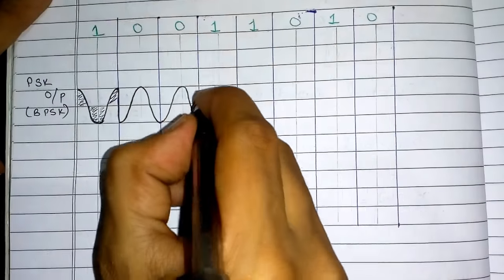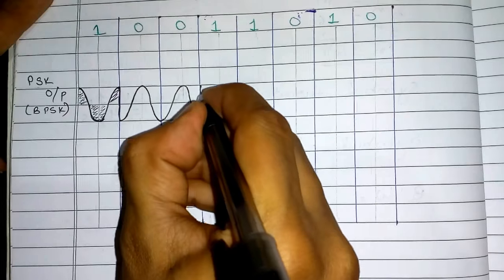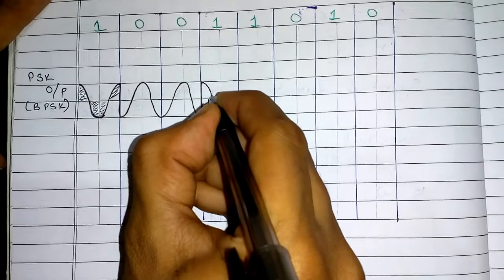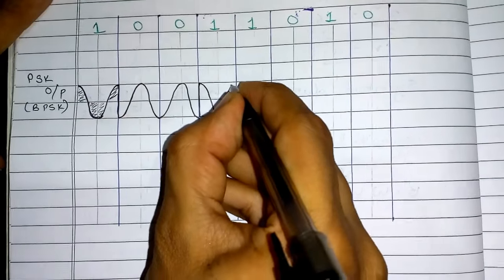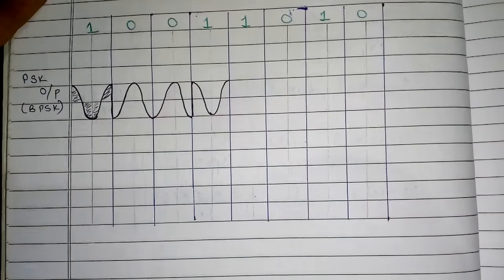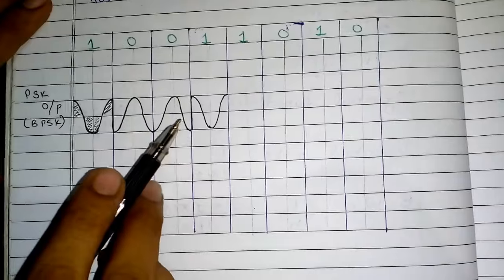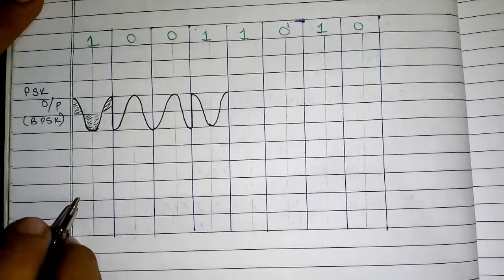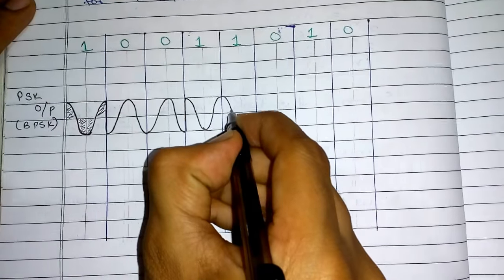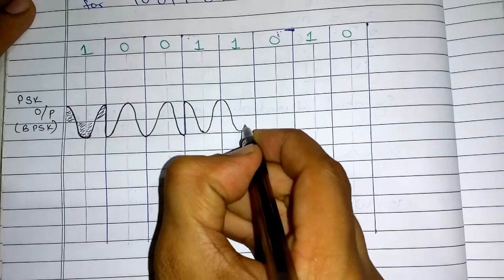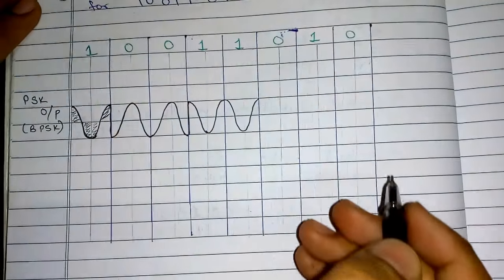Then 1 is encountered: start from high, go halfway low, then go high again. Basically a normal sine wave sort of thing. 1 is encountered, start from high, go low, high.